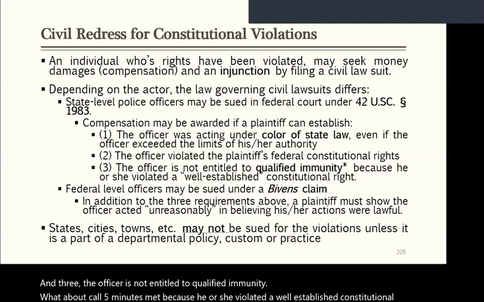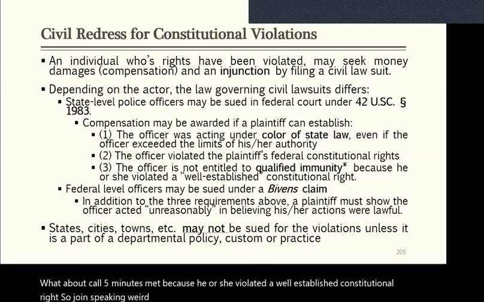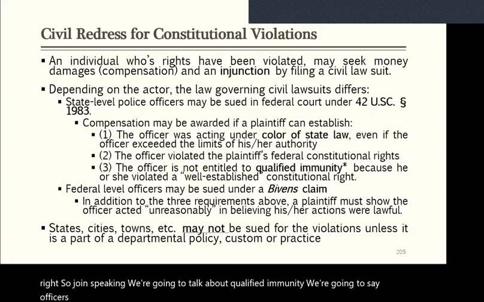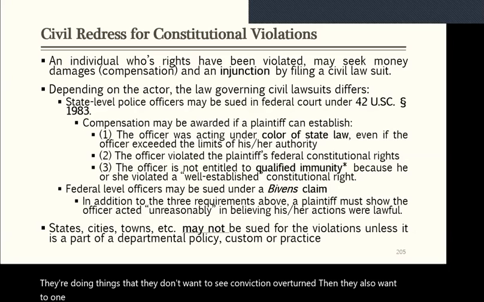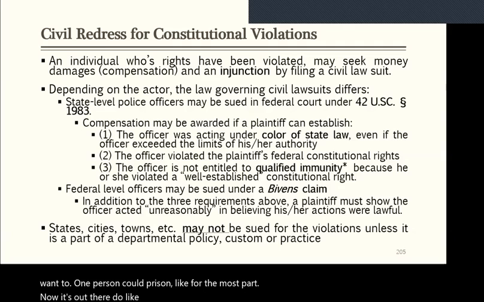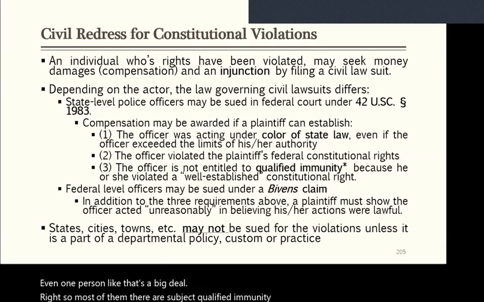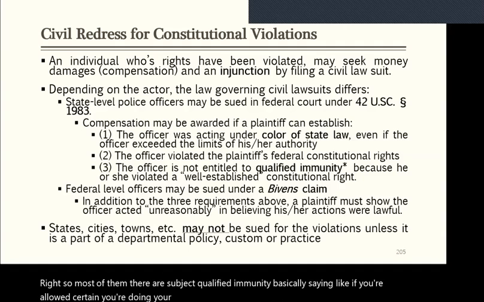So generally speaking, when we're talking about qualified immunity, we're going to say officers, most of the time, are doing things by the book. They don't want to see a conviction overturned, and they also don't want to see a wrong person go to prison, for the most part. Now, some out there do, absolutely, but for the most part, no. But the problem is the ones that do, it's a huge issue, because even one person is a big deal, right? So most of the time they're subject to qualified immunity, basically saying, if you're a law officer and you're doing your job and you make a mistake, we're not going to let you be personally liable.